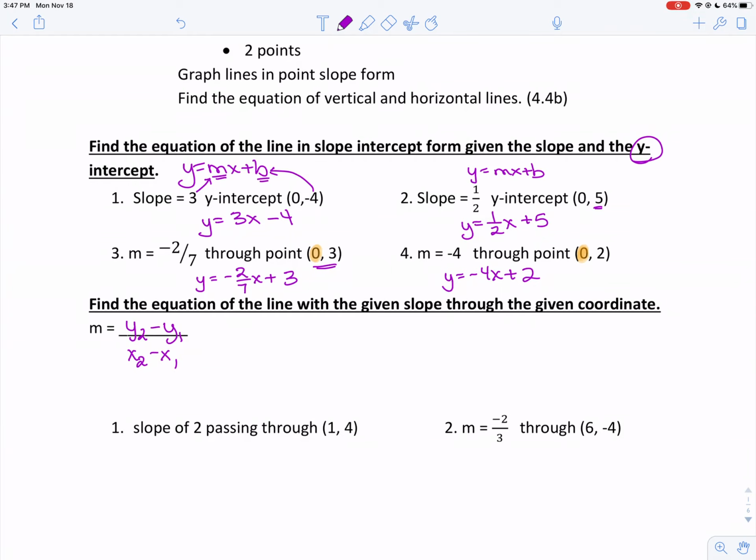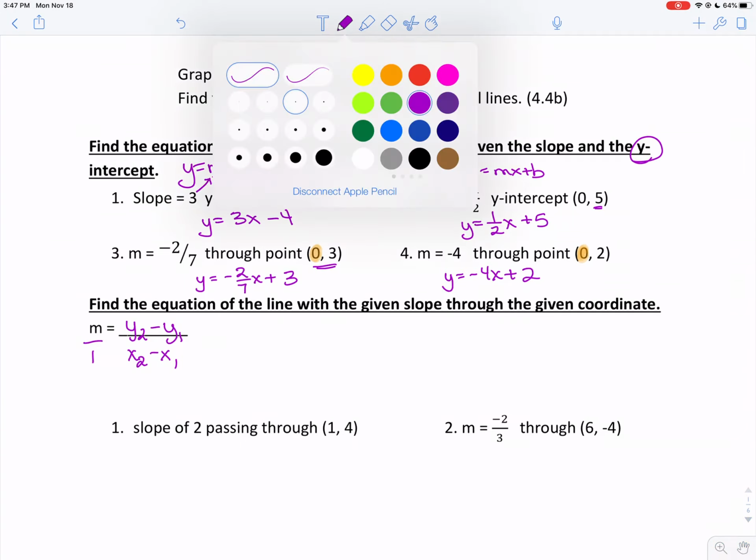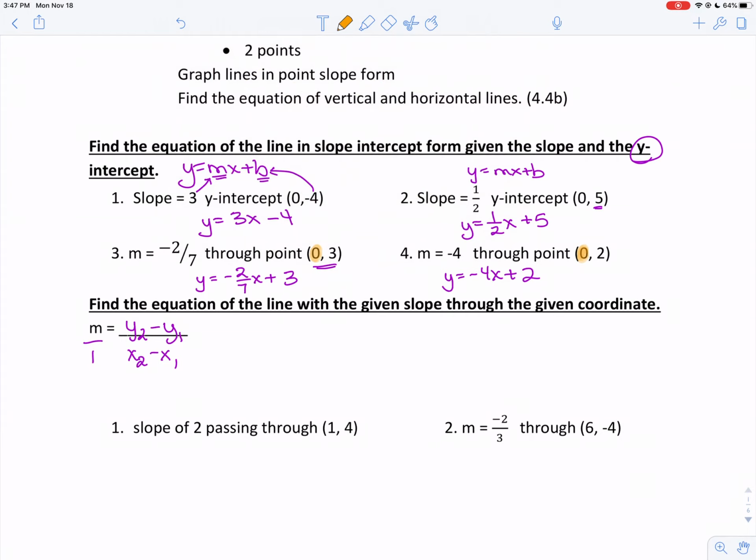So all I'm going to do to get the next formula is put a 1 underneath my m, and then cross multiply. So I get y2 minus y1 equal to slope times x2 minus x1.